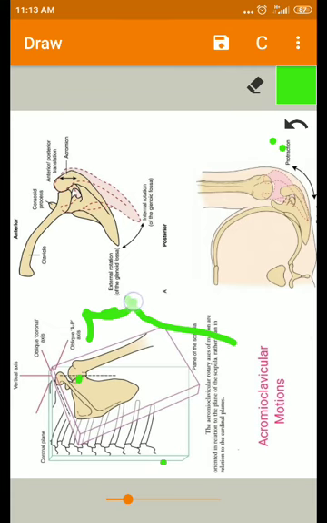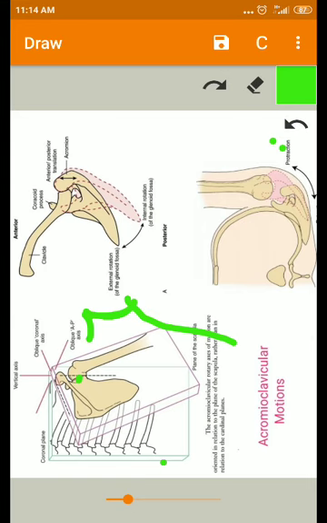During internal rotation, what is happening? The facing of the glenoid cavity goes anteromedially. So that means it occurs like this. Anteromedially it is appearing.